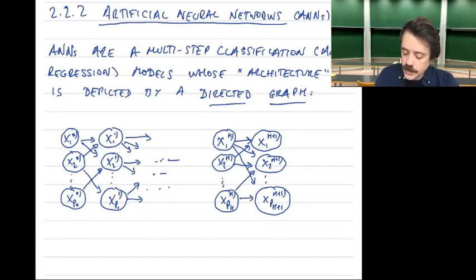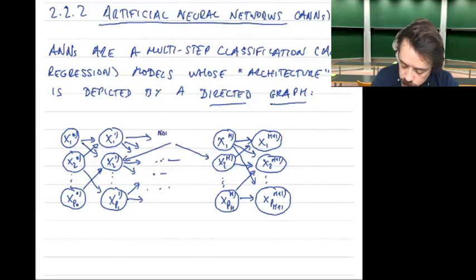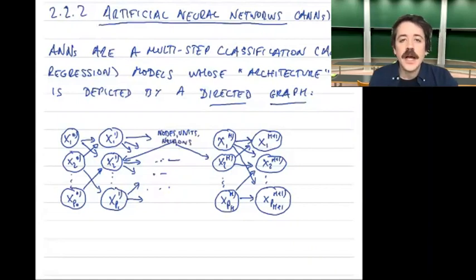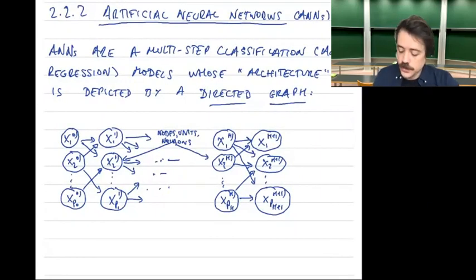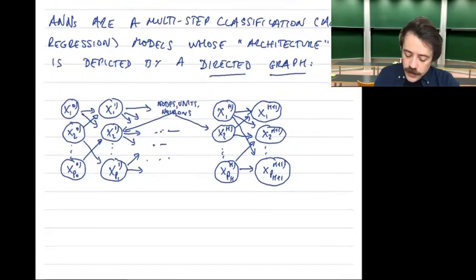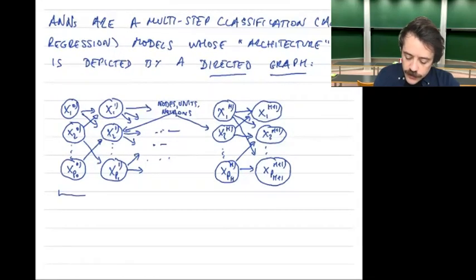So I said that these guys are nodes, units, neurons. And this would give you the directed graph, and we're going to give different names.